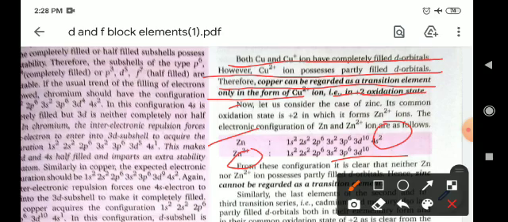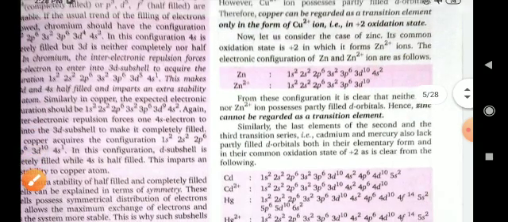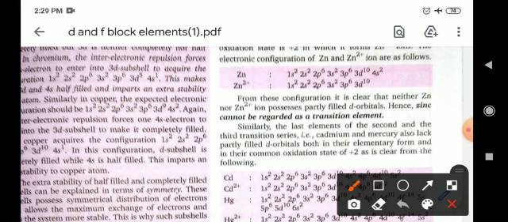So zinc is not a transition element, because according to the definition, the element should have an incompletely filled d orbital. So it is clear that neither zinc nor the Zn2+ ion possesses a partially filled d orbital, hence zinc cannot be regarded as a transition element.